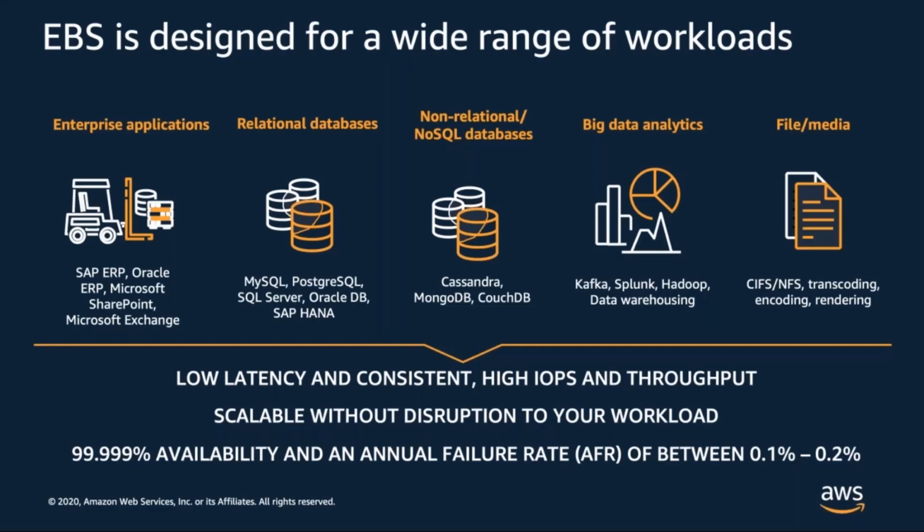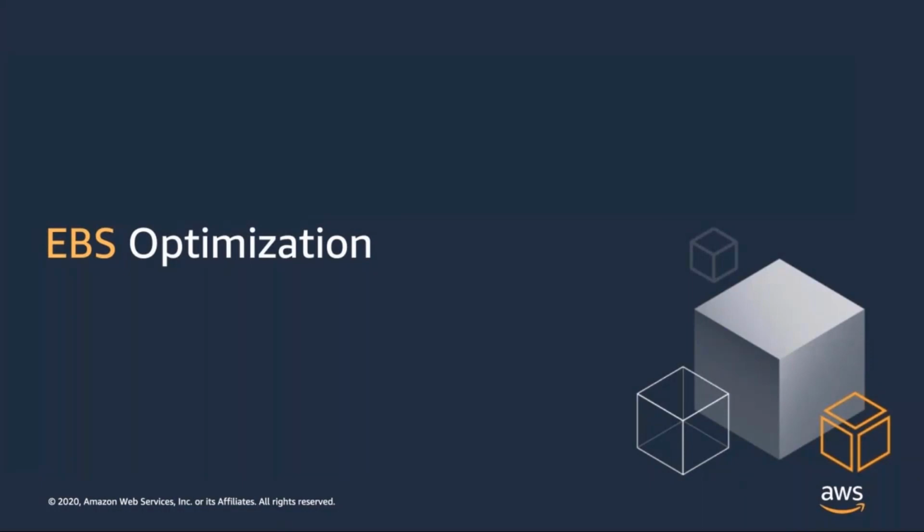EBS has 5 nines availability at an annual failure rate of 0.1 to 0.2%. This is where your snapshots come into play to protect your data for your business continuity and disaster recovery through EBS snapshots. Let's talk about EBS optimization. Optimization comes in 2 different axes, performance optimization and cost optimization.